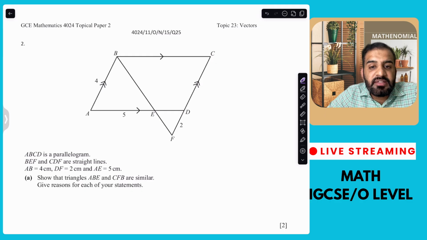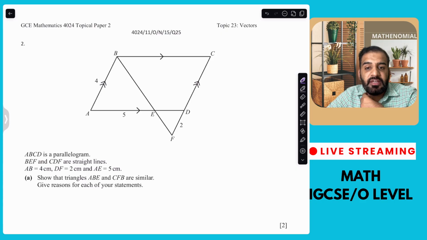ABCD is a parallelogram. BEF and CDF are straight lines. AB is 4 centimeters, DF is 2 centimeters, AE is 5 centimeters. Show that triangles ABE and CFB are similar.